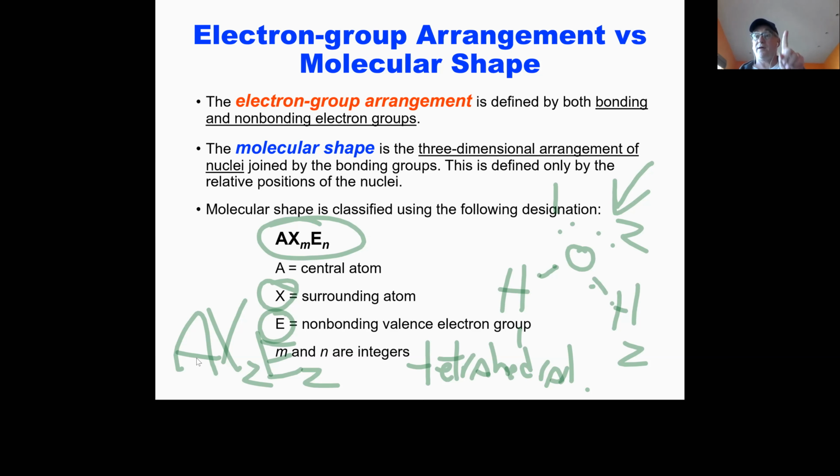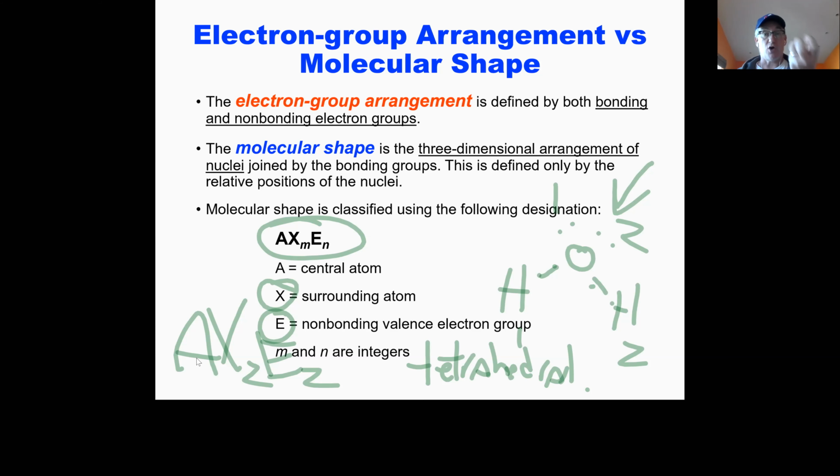The lone pairs are important for determining the shape. I don't want to say that they're not. They definitely are. The lone pairs tell us basically which geometric group that molecule fits in. But when it's time to say what shape the molecule is, I want to make a distinction: the geometric group is one thing, and the molecular shape is another thing.